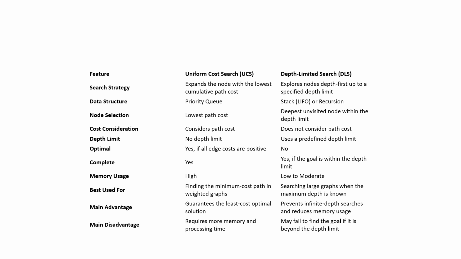In terms of time and space complexity, uniform cost search needs more memory and processing time, which is the main drawback. With depth limited search, we only observe up to the limit, since going beyond the limit would take more memory.